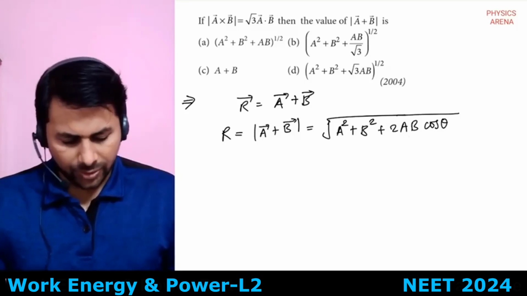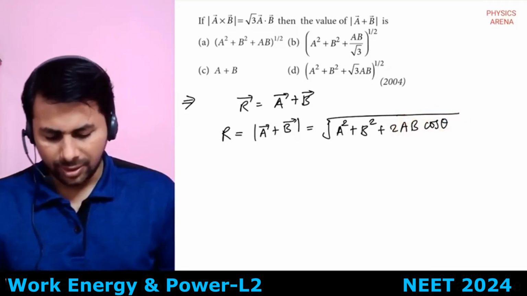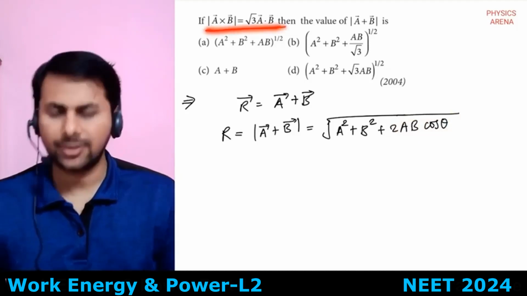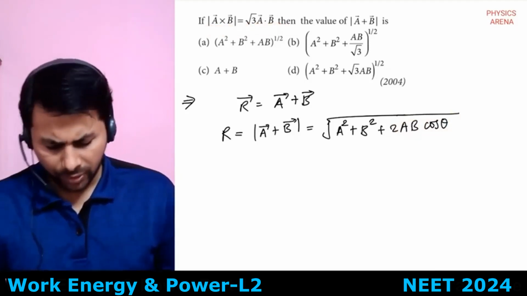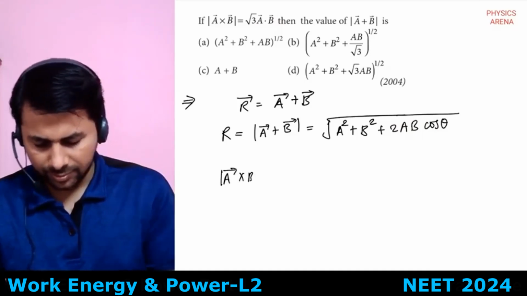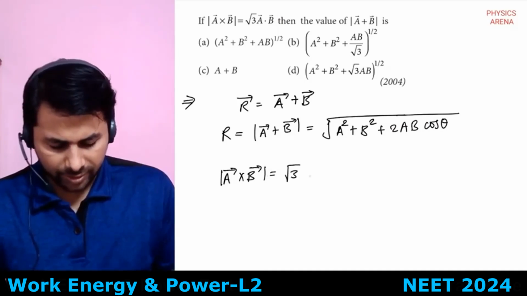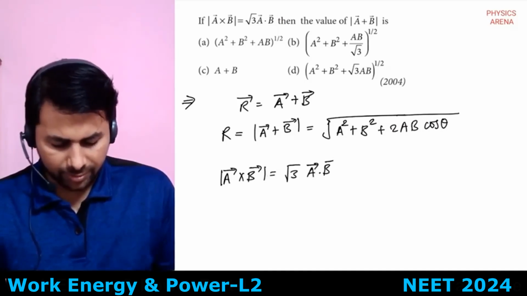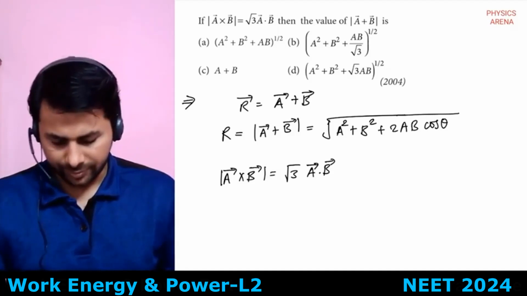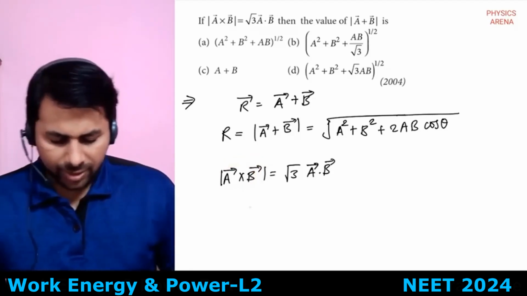And you don't know cos of theta. So for that, this thing is given: magnitude of a bar cross b bar is equal to root 3 times a bar dot b bar. What is magnitude of a bar cross b bar?